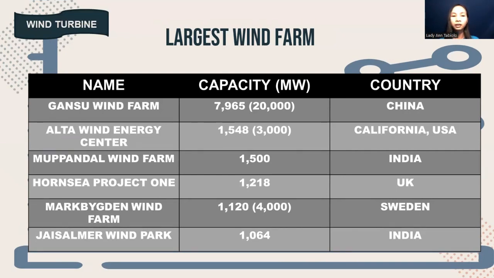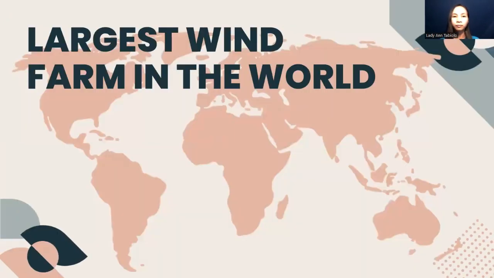Additional knowledge lang na dito sa Mark Biggen Wind Farm na about 75% state yung pag-aari nito is nasa China na. Nagkaroon sila ng bankruptcy. Ayan. Let's continue. Sa largest wind farm in the world, tagpuan sa China.